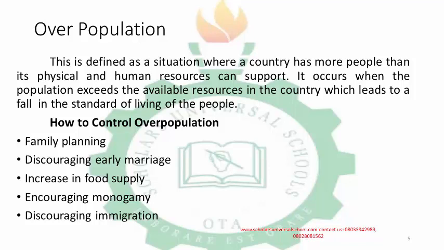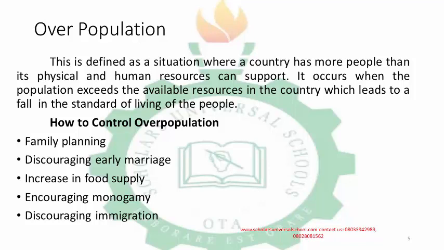The fourth way is encouraging monogamy. We discussed also in the previous class that polygamy, that's a man marrying more than one wife, can lead to a large population in a country. So how do we solve this? How do we make sure that we do not have a large population that can lead to overpopulation?